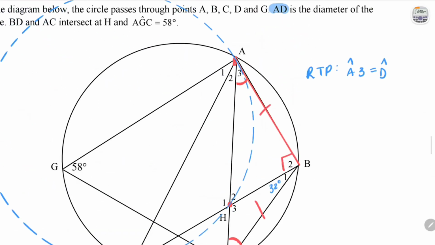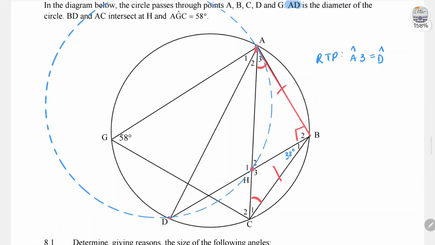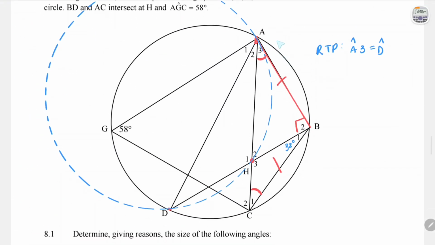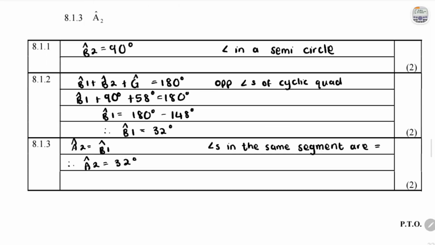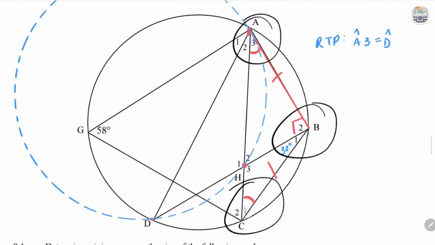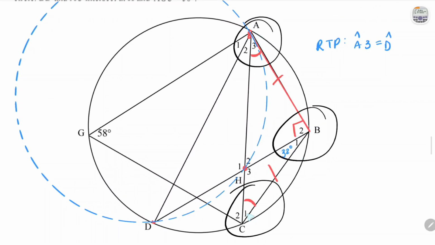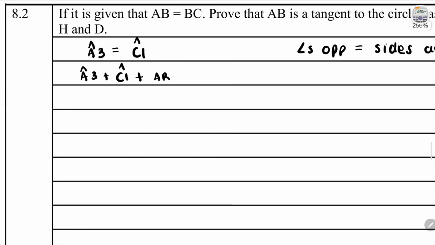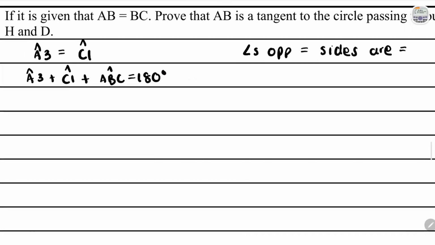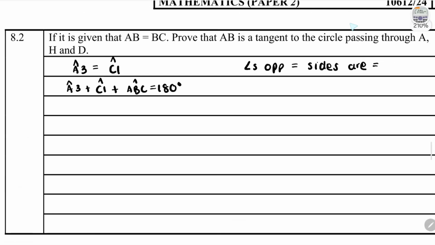And now since they are equal, we can add the angles inside this triangle. So we're saying that angle A3 plus angle C1 plus this entire angle give us 180 degrees. So that's angle A3 plus angle C1, and then we can just call this angle ABC. Okay, so we know that angle ABC, they give us 180 degrees, and this is because of the sum of the interior angles in a triangle.